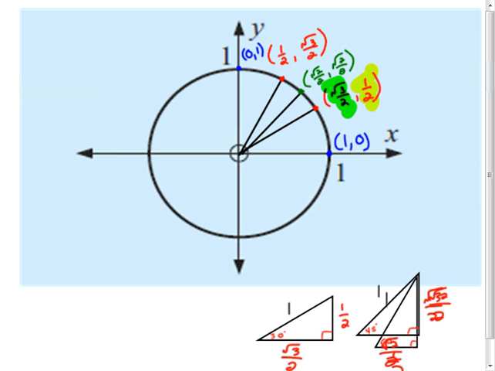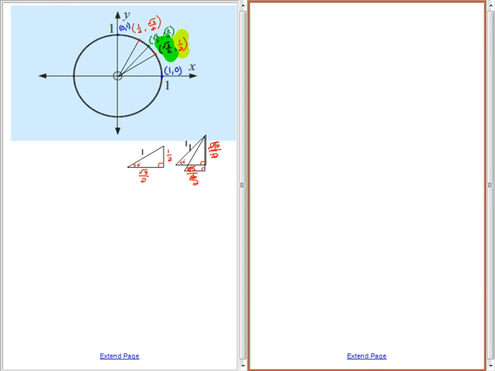So now, instead of typing in the sine of 45 degrees and getting an approximation, you can give me the exact value based on the following situation. The cosine of your angle, using your unit circle, is the x value.